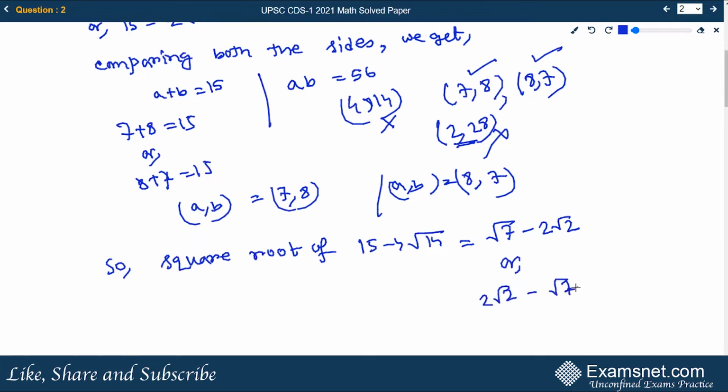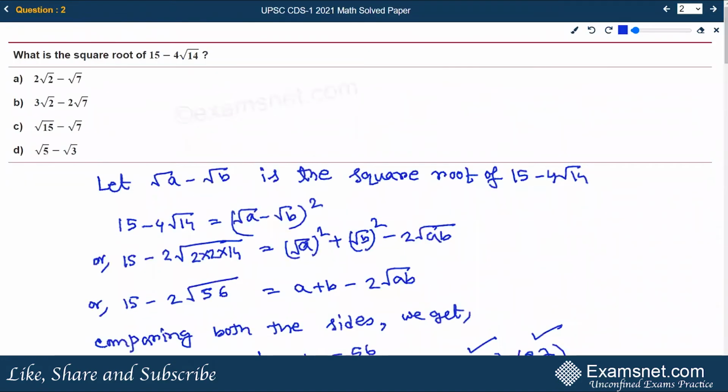These are two possibilities. Let's check the answer here. 2 root 2 minus root 7 is given in the options, so we will choose this one. Option A is the correct answer, that is 2 root 2 minus root 7.